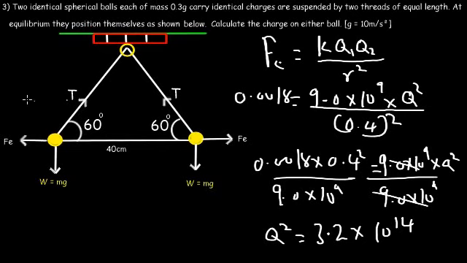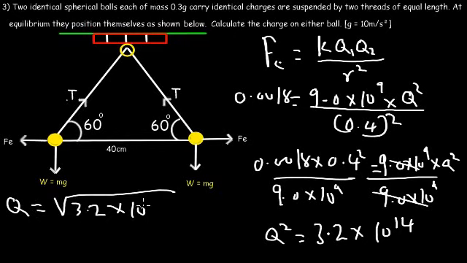So q will finally be equal to the square root of 3.2 times 10 to the power of negative 14. And the square root of that results in 1.79 times 10 to the power of negative 7. And this is the magnitude of the charge on the spherical box. And that is it for this problem as well.